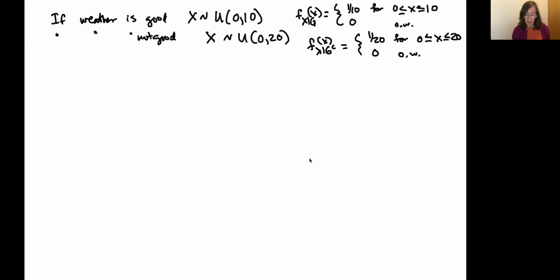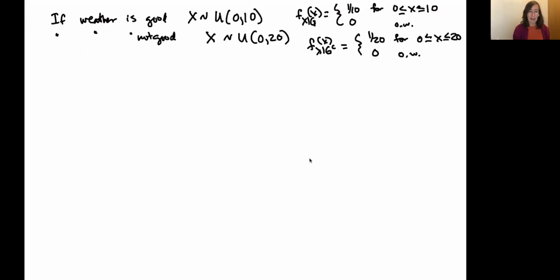So this is just how we write a conditional PDF. And just as with any probability function, a conditional probability function has to obey all the rules of a regular probability function. The probability of the sample space has to be 1, and they have to obey all the Kolmogorov axioms.